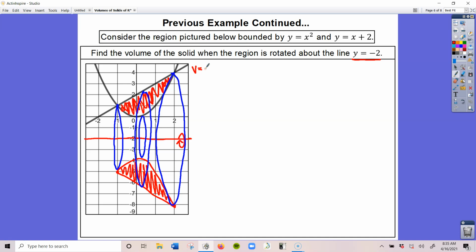So volume is going to equal pi, the integral from -1 to 2, because that's where my functions intersect.